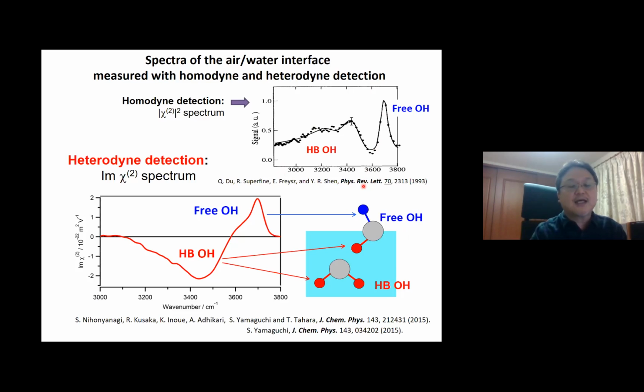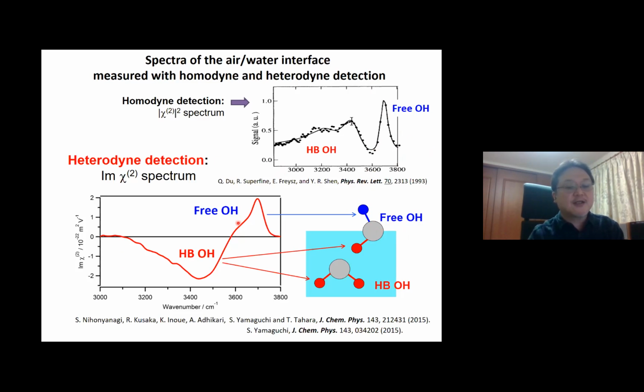Everyone was astonished, because at the interface we expect OH bonds which stick out to the air. This OH is free from hydrogen bonding, so the band is very sharp. This spectrum itself manifests the importance of interface selective spectroscopy.